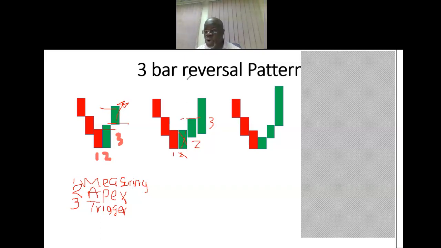So for you to know that you do have a reversal is when the next candle forms and closes above the measuring candle. We don't care how many of the apex candles there are, they can be as many as will form.